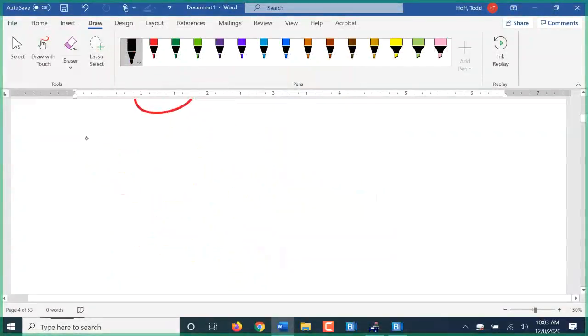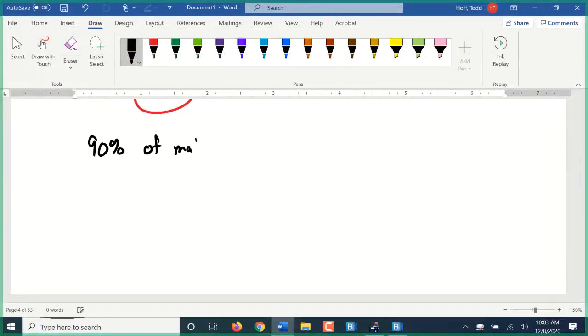I would say almost 90% of math can be done with proportions if you know how to use them. There's variance, variability, whether you're dealing with direct variation, inverse variation, it still comes down to proportions can be used to solve it.